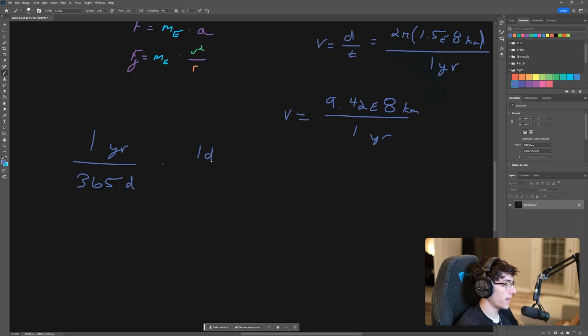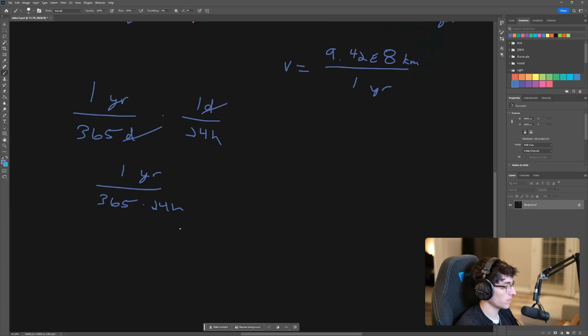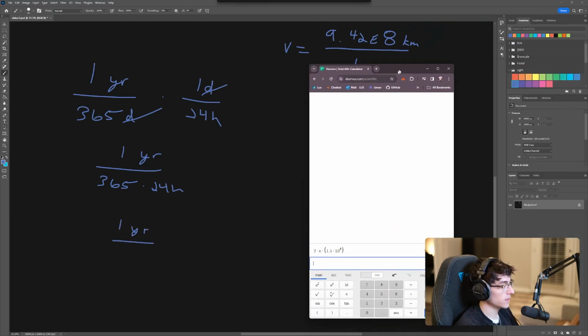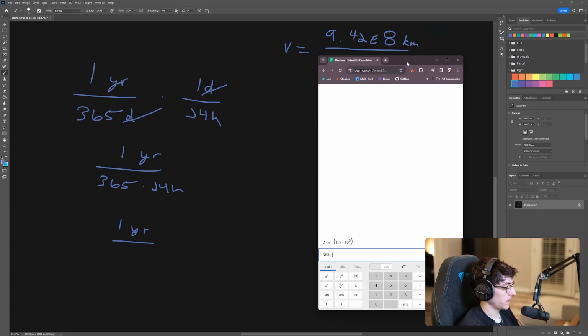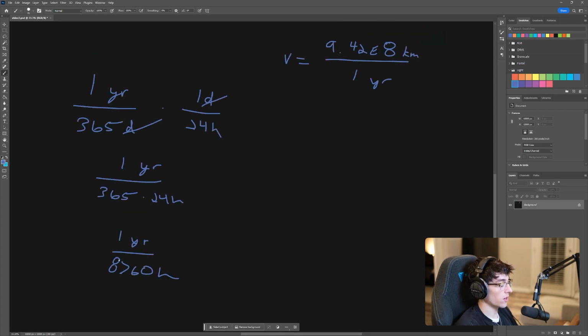And in 1 day, we know there are 24 hours. So the days cancel out, and this leaves us with, in 1 year, there are 365 times 24 hours, which simplifies down to 8,760. There are 8,760 hours in 1 year.